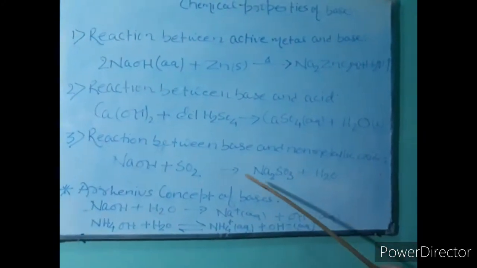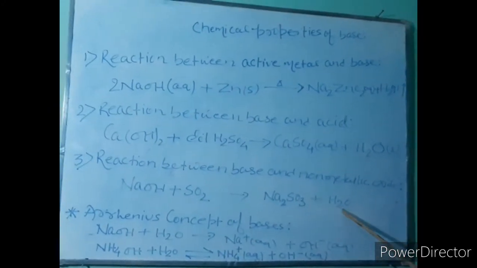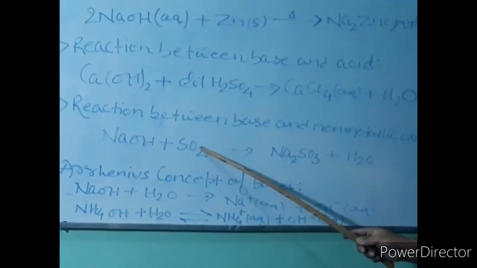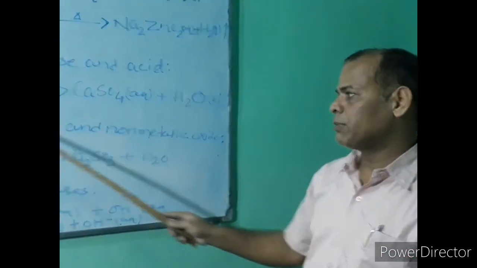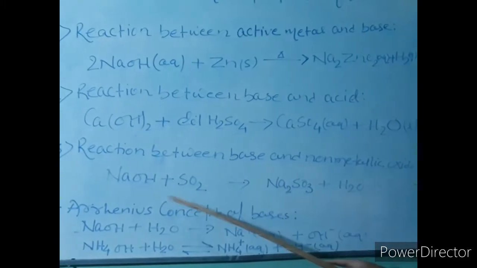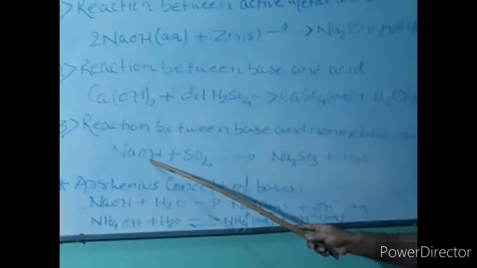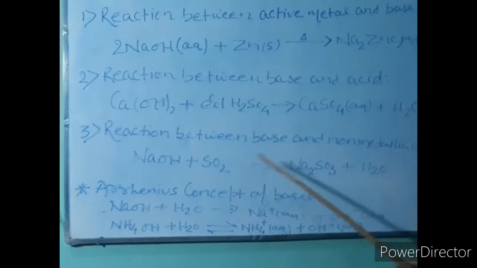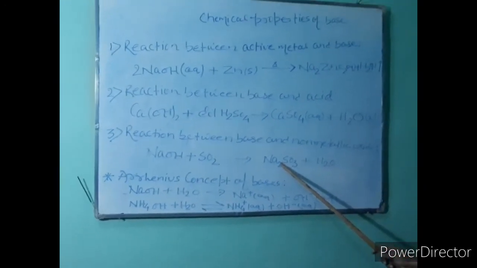So here also, it is a salt and water. This suggests that in the reaction between base and non-metallic oxide, sodium hydroxide as a base combines with the non-metallic oxide sulfur dioxide to form sodium sulfite.